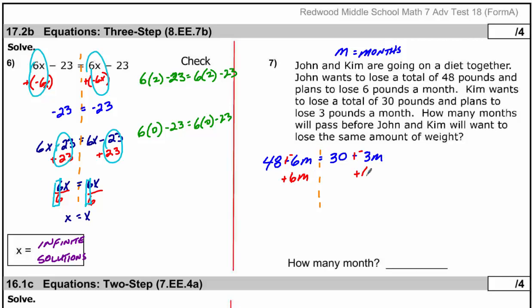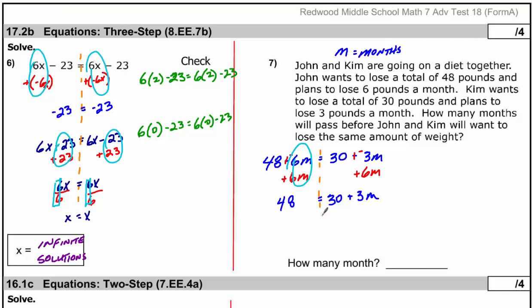So if we add a 6m to both sides, this will cancel out entirely, which is nice. That'll just leave us 48. Over here we have 30 plus, we have negative 3, positive 6, we get a positive 3. And the nice thing now is there are no negative numbers in this problem. You're certainly capable of doing problems with negatives, but it's nice when the negatives disappear.